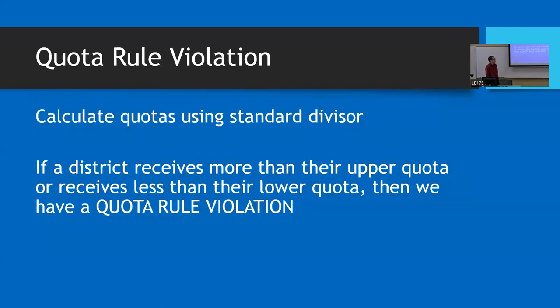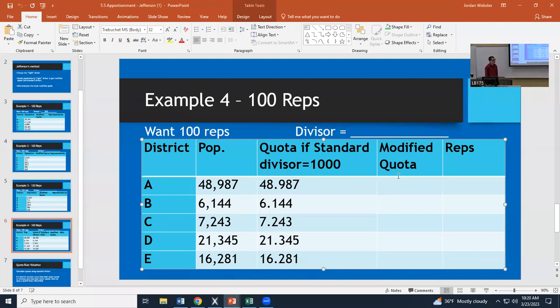By the way, Hamilton's cannot, because in Hamilton's we use the standard divisor, and you either get the lower quota or you add one, and that's the upper quota. So Hamilton's does not have a quota rule violation, but Jefferson's does. Okay. Does that make sense?